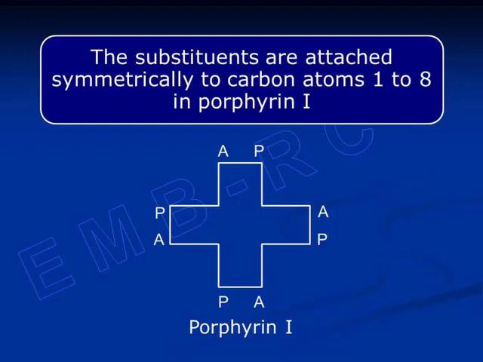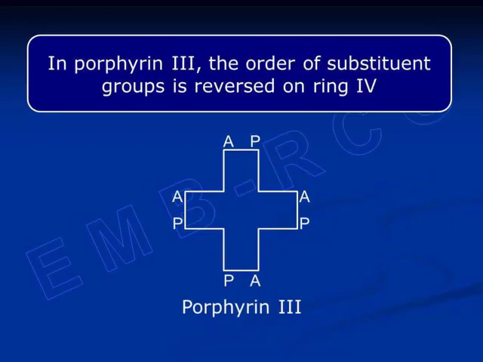If this is the case, then it is defined as porphyrin 1. So in porphyrin 1, from carbon atom 1 to carbon atom 8, the substituents are attached in a symmetrical manner. In porphyrin 3, the manner in which substituents are added is similar to porphyrin 1, except for ring 4.